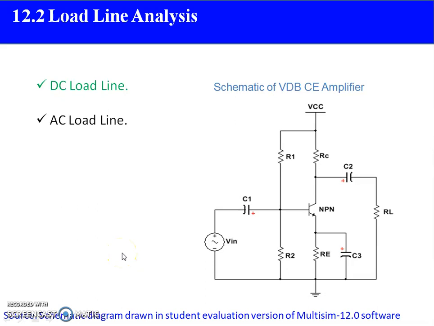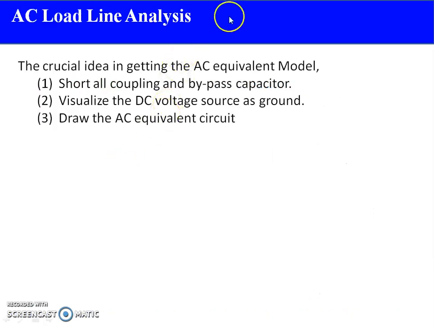After formulating the DC load line, now we need to plot the AC load line as well for the same configuration: voltage divider bias, common emitter amplifier. The crucial idea in getting the AC equivalent model is, first, short all the coupling and bypass capacitors, as these capacitors are going to allow the AC component to pass.